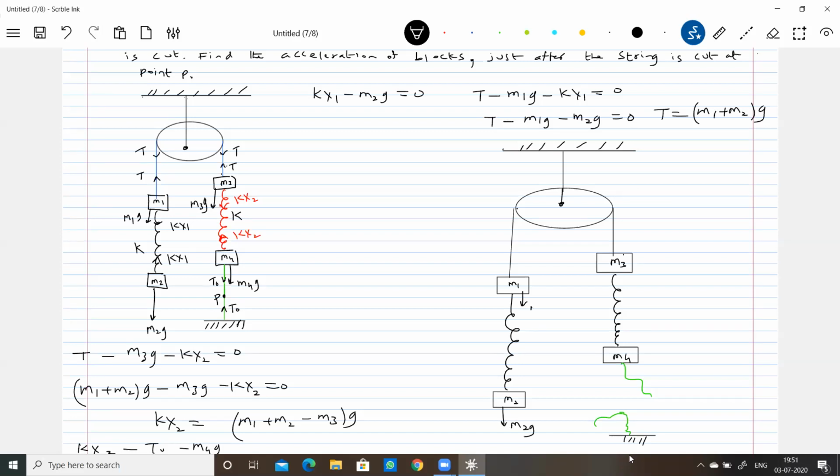There won't be a problem with the weight of the blocks. Now, what should happen to the spring force Kx1? Will it change or remain the same? The spring force Kx1 will change only when M1 or M2 undergoes displacement. So what is the state of M1 and M2?